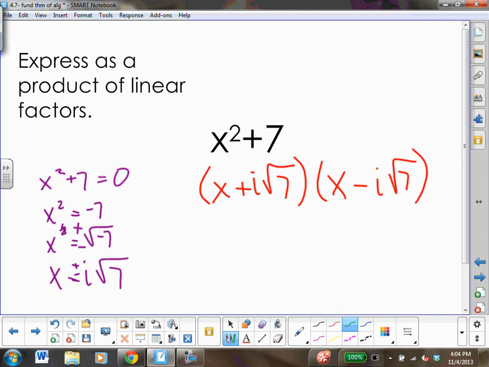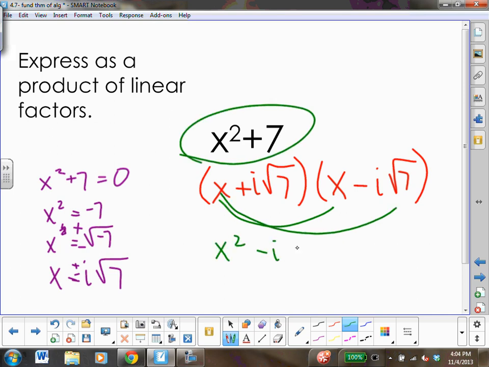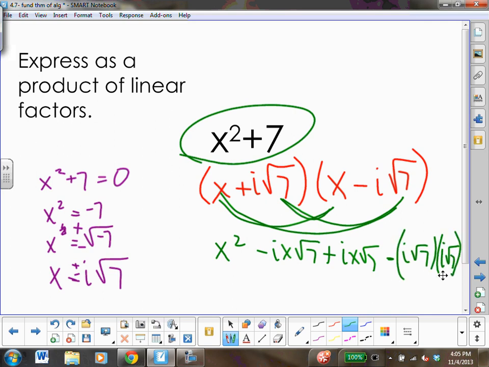And I'll even prove to you that these are equivalent statements. If you FOIL, and then you have minus i times the square root of 7 times i times the square root of 7.